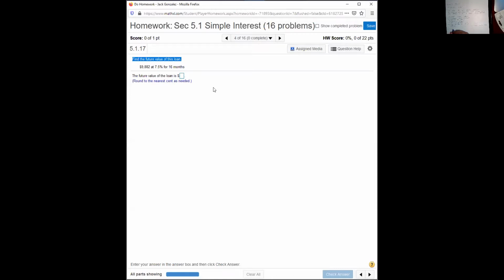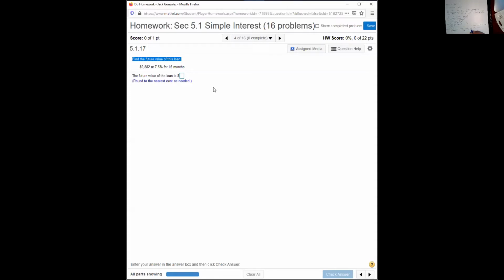So number 4 from 5.1, they give me a principal. Find the future value of this loan. P is 9882. R is 7.5%.